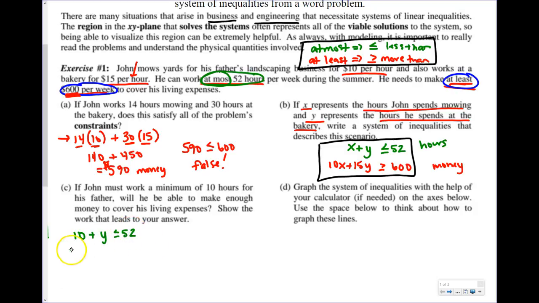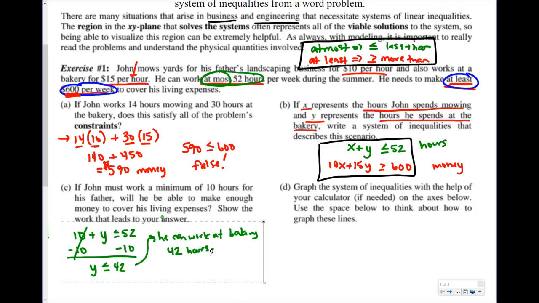So let's figure out then how much he needs to work at the bakery. What's his maximum? So I'm solving this equation to figure out y. Y is going to be less than or equal to 42. So this means he can work at the bakery 42 hours and still work with his dad for 10 and meet that 52 requirement.